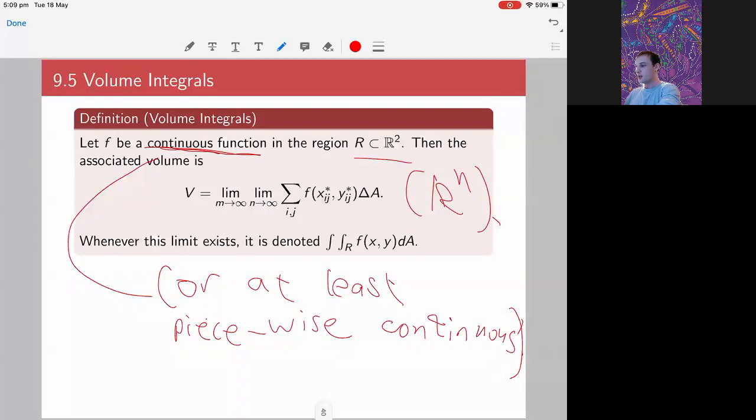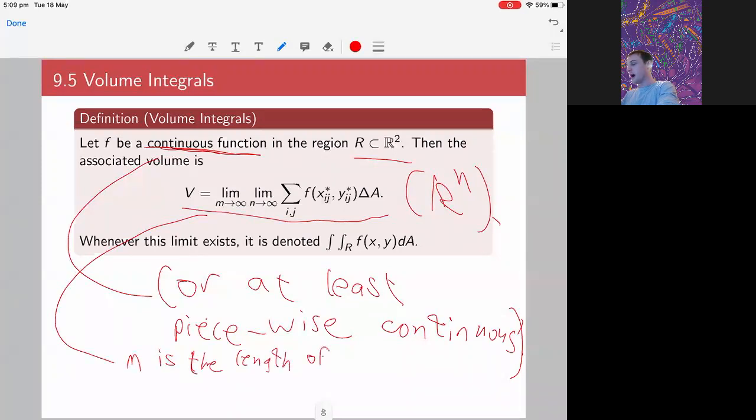The volume is defined to be this. The limit as m goes to infinity and n goes to infinity of the sum of all of these volume contributions. Now remember, m is the length of the y subintervals, and n is the length of the x subintervals.